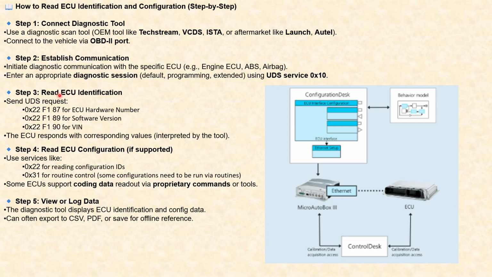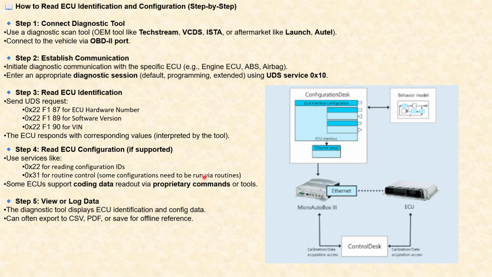Next is where you actually read the ECU identification. For each UDS request, 0x22 F187 for hardware number, another UDS request for software version, another for VIN, the ECU responds with the corresponding value interpreted by the tool. Now read ECU configuration, if supported. These also use services like 0x22 and 0x31 for reading the configuration IDs, that is routine control.